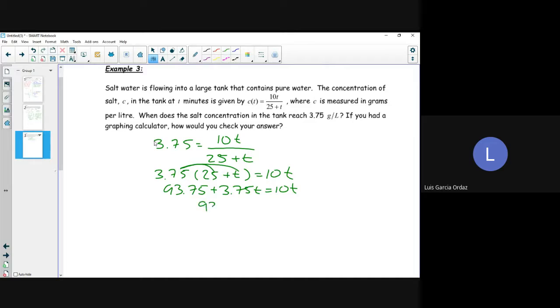So we get 93.75 is equal to 10T minus 3.75T, which gives us 93.75 is equal to 6.25T. And how do we isolate for T? We're going to divide both sides by 6.25.